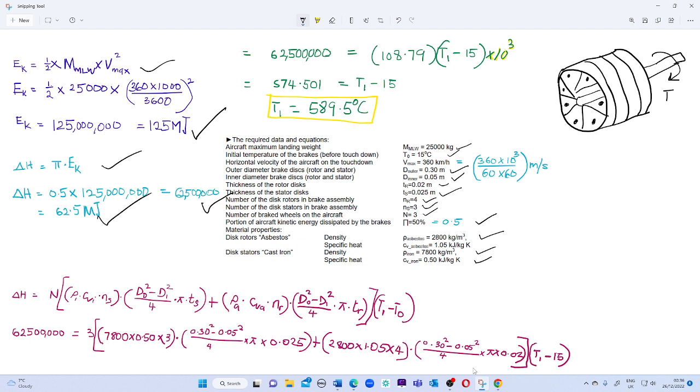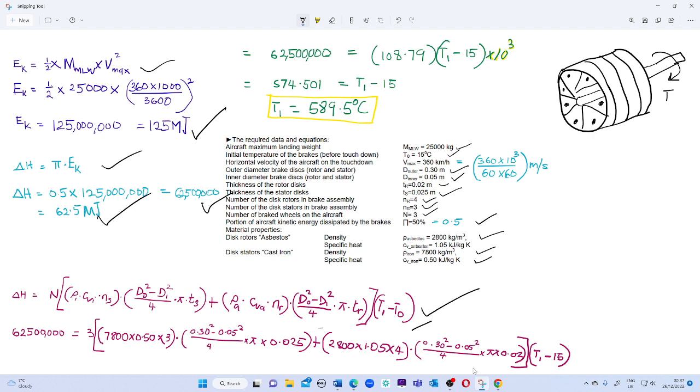Now, in order for us to calculate the brake temperature while the aircraft is touching down, we use the below equation, which is the change in entropy equals the product of the number of aircraft wheel brakes to the following equation.